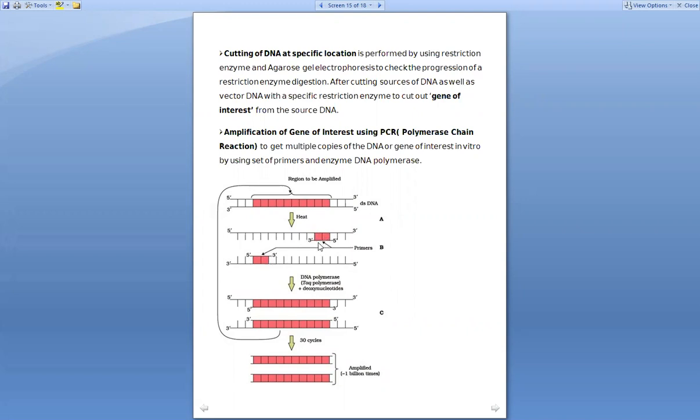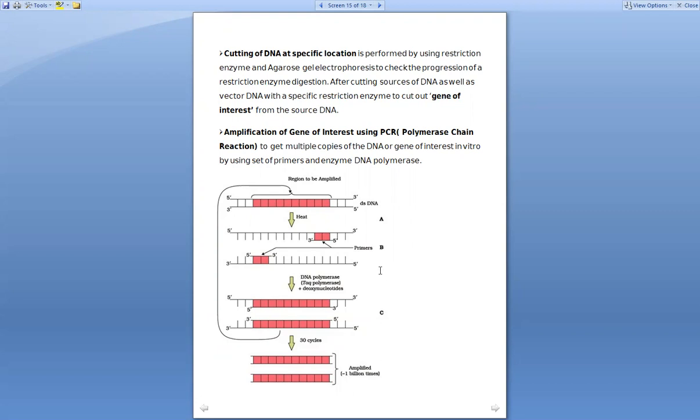Once the primers attach, the DNA polymerase comes and binds to this region. The DNA polymerase which is being added has been isolated from a particular species, and for this reason the name of this polymerase is Taq polymerase.